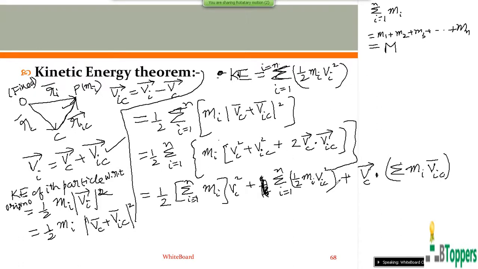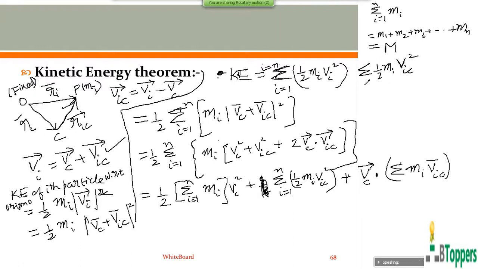Now V subscript iC gives you the magnitude of the velocity of the ith particle with respect to the center of mass of the system. So half mi ViC square gives you the kinetic energy of the ith particle with respect to the center of mass of the system.